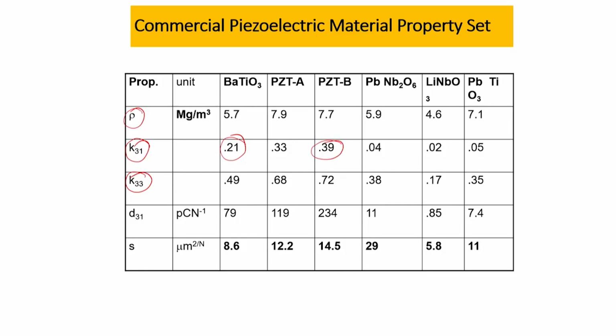You can also see that the K33 mode is much better, because K33 corresponds to 72% of energy that can get transformed, and the d31 is simply the electromechanical coupling coefficient in terms of picocoulomb per Newton.